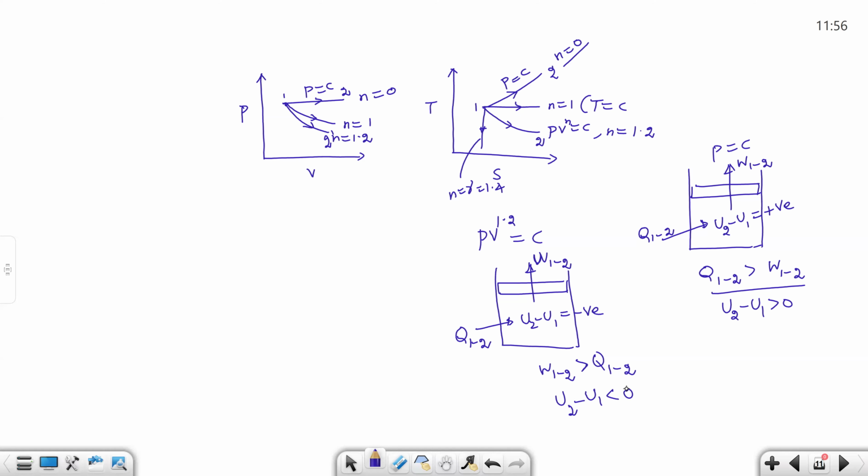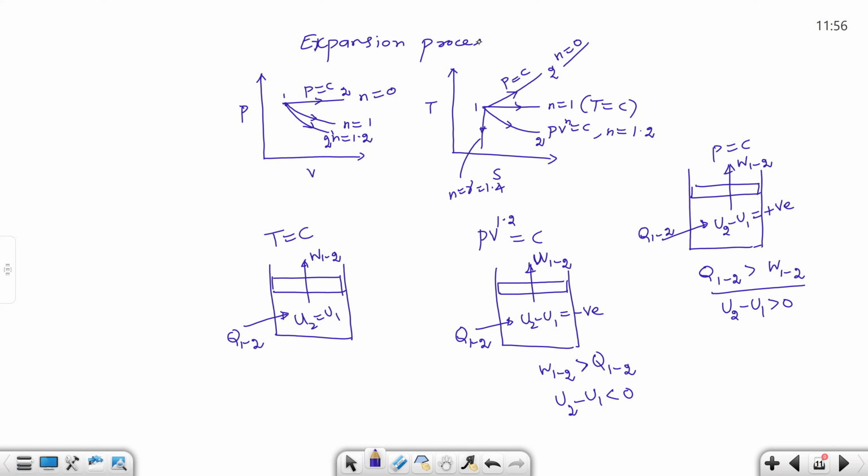But whereas if you take the constant temperature process, there will be a heat transfer. So here U2 will be equal to U1 because the temperature is constant. So all are with respect to expansion, an expansion process, not a compression process.